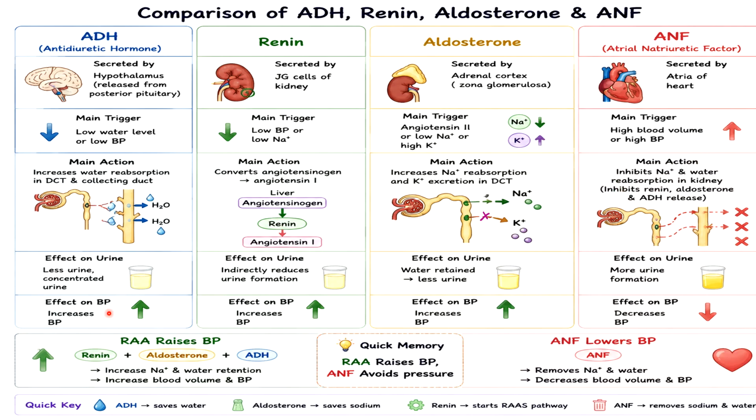Coming to the effect on BP, ADH, renin, aldosterone increase the BP of the body, whereas ANF reduces the BP. So I hope you are clear about the action of the 4 important hormones.